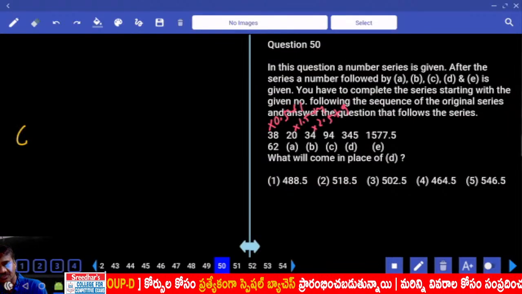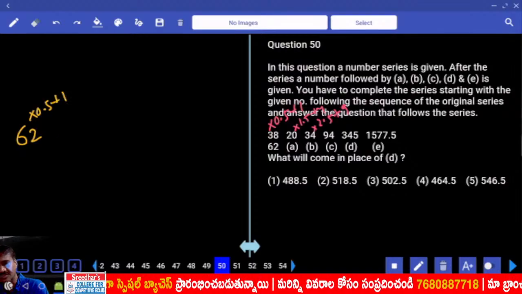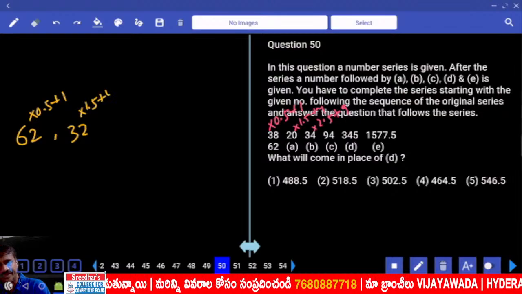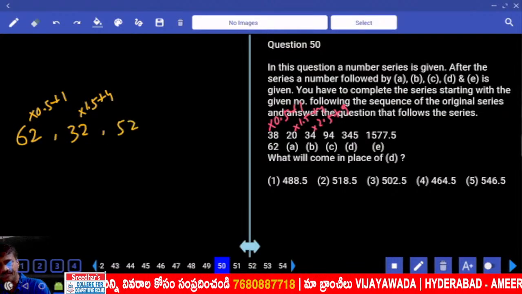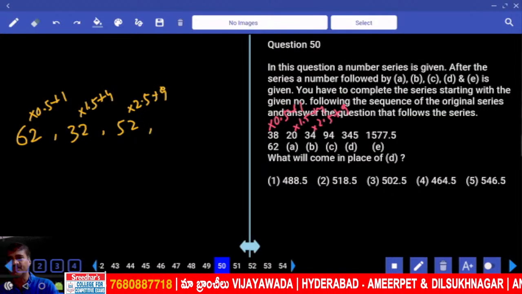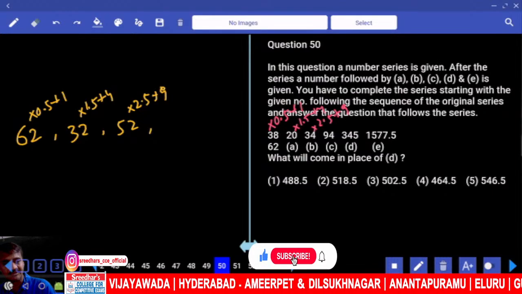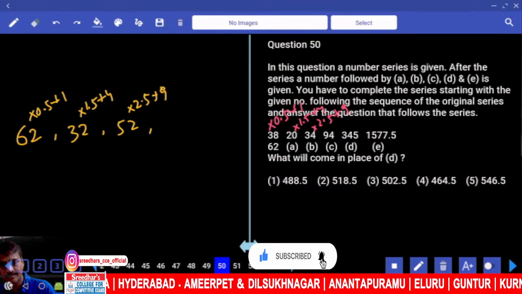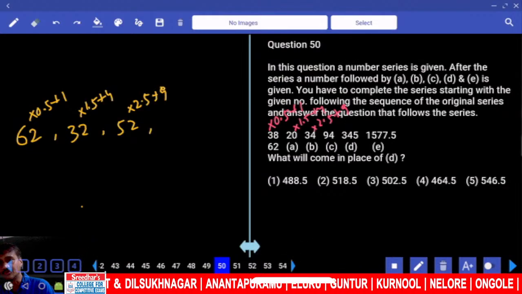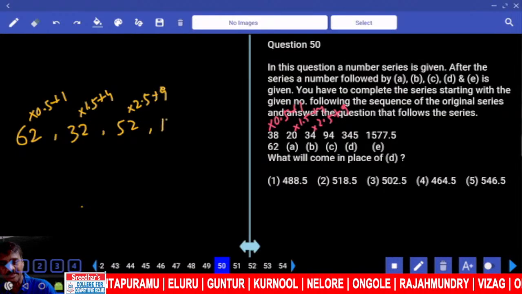Starting with what? 62. Now 62 into 0.5, how much? 31 plus 1, 32. Then 32 into 1.5, 48. 48 plus 4, 52. Now 52 into 2.5 plus 9. 52 into 2.5: 520, 260, 130. 130 plus 9, 139.